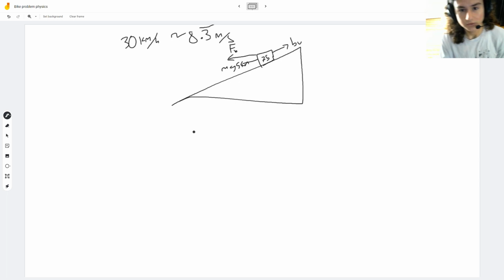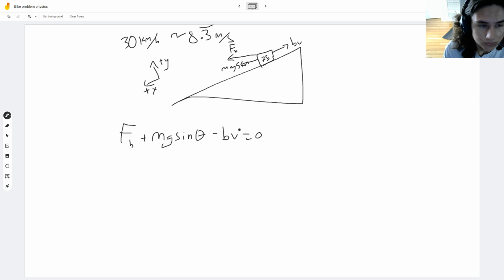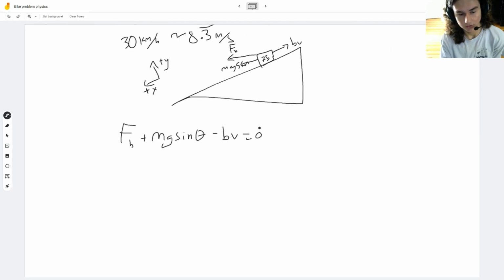Now I'm again going to set up equations, with reference axes plus y and plus x. So we have force of biker plus mg sine theta minus bv equals 0. Again, we're going 30 kilometers per hour, but at a constant speed, which we're assuming given the framing of the question. To solve for the force of the biker, we put this and that on the other side.